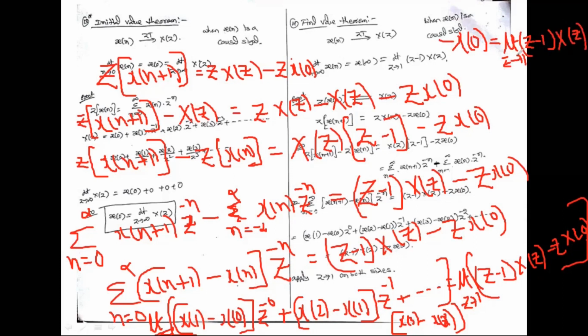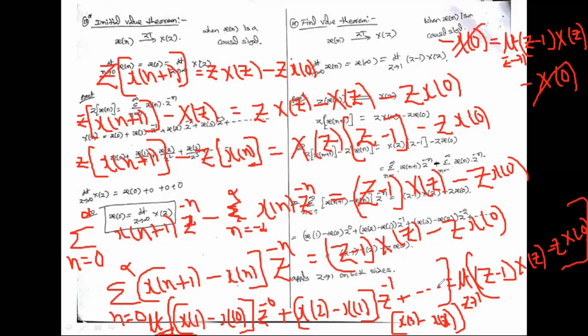I'm not substituting the z equal to 1 value here. For the second term, the summation term is there, we can substitute z. z tends to 1 means it becomes minus x of 0. Minus x of 0. Got it, my dear? And this minus x of 0 and minus x of 0 get cancelled.